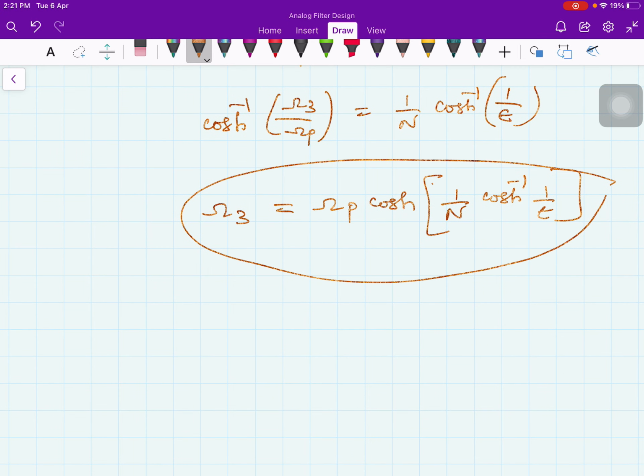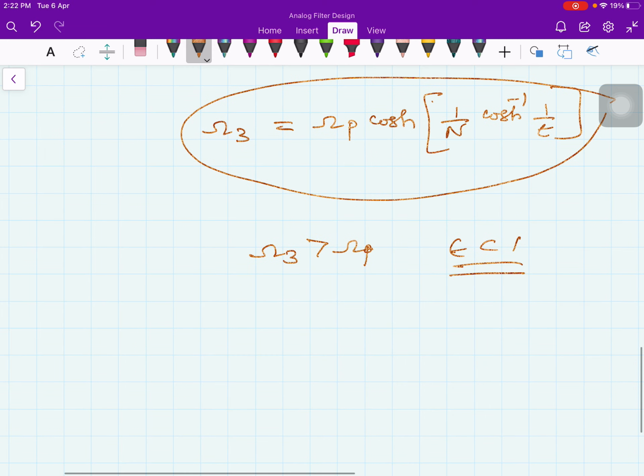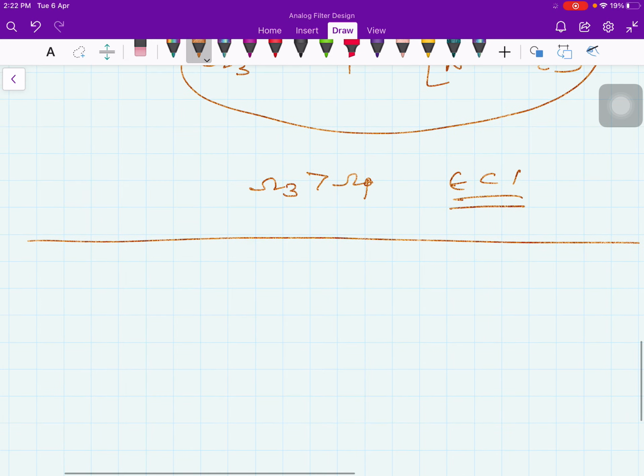Now, just out of curiosity, this 3 dB frequency omega 3 obviously will be greater than omega p if epsilon is less than 1. Okay, so that's how you will find out the 3 dB frequency in the Chebyshev filter.